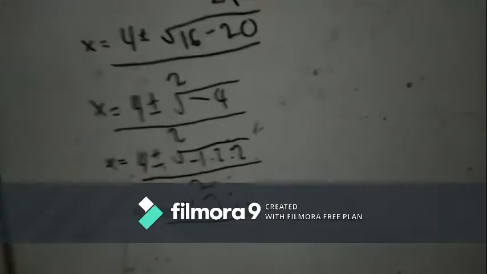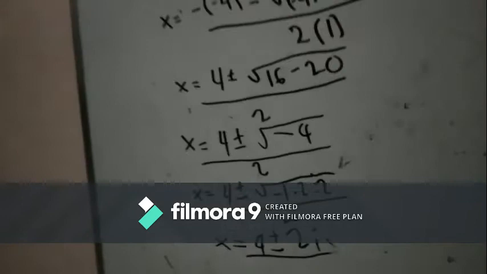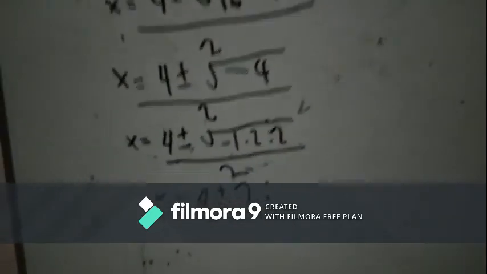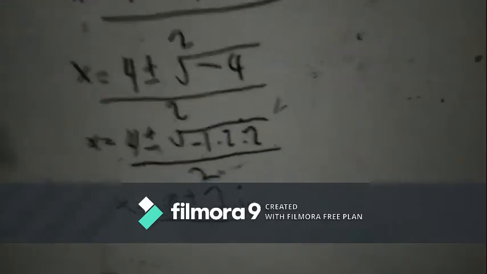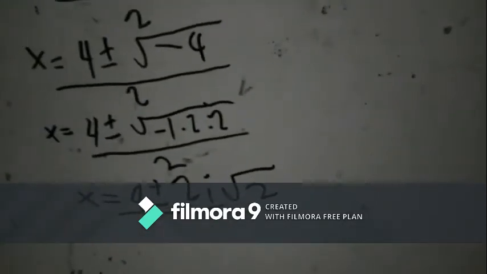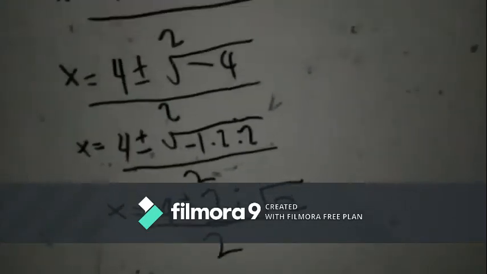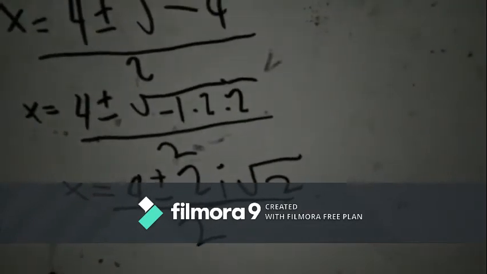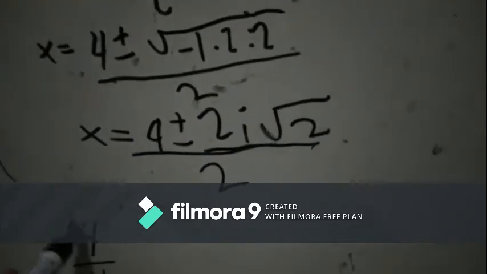Okay, so this is what happened. Okay, and you do it like that, and then we'll put the 2 here, and then over 2, and then it will become 4 over 4.